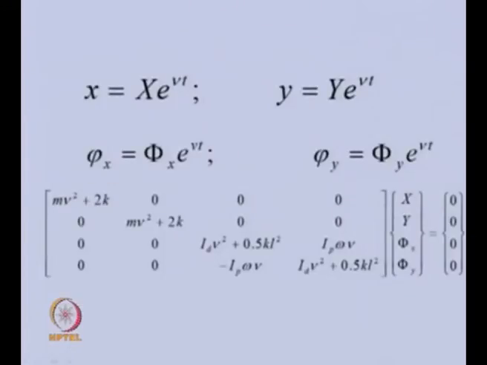If we assume the solution in this form, we can substitute in the previous equation, and on the same line as the previous case we get this particular homogeneous equation. And if we want a non-trivial solution, this particular determinant we need to keep at 0.